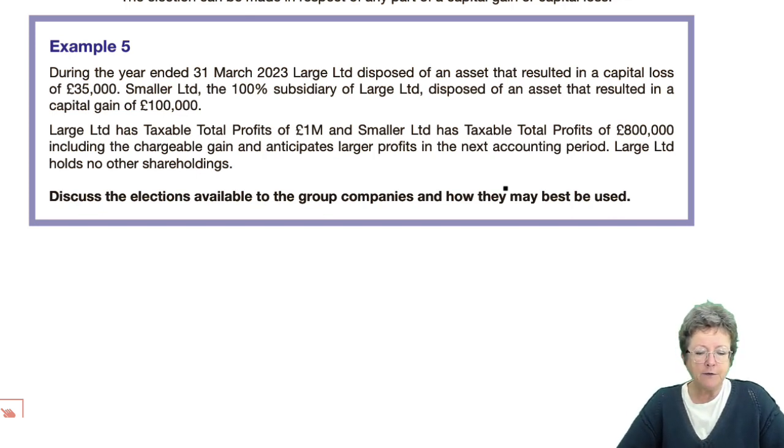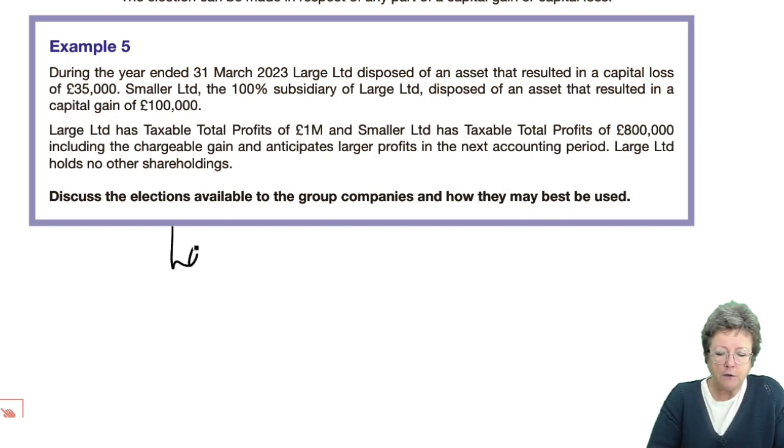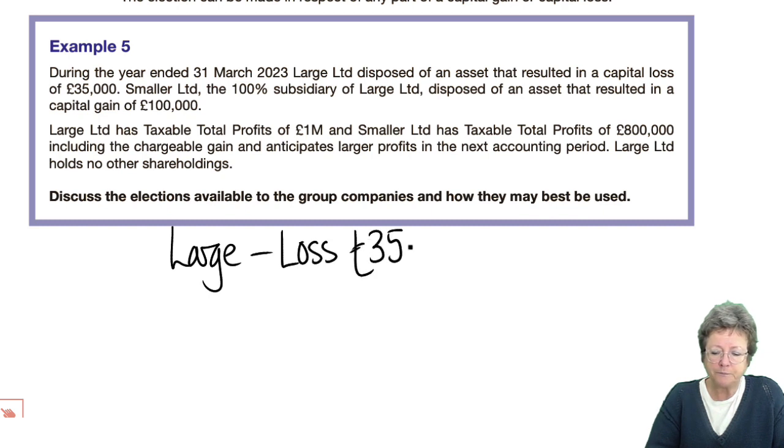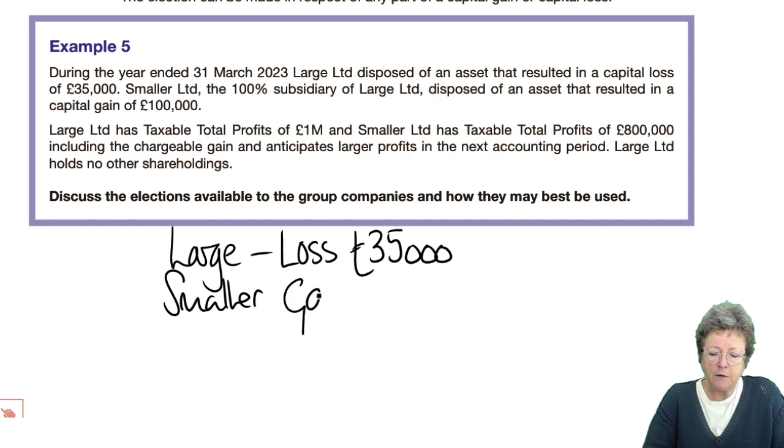During the year ended the 31st of March, Large disposed of an asset resulting in a loss. So Large has a loss of 35,000. Smaller, which is a subsidiary, has a gain of 100,000.